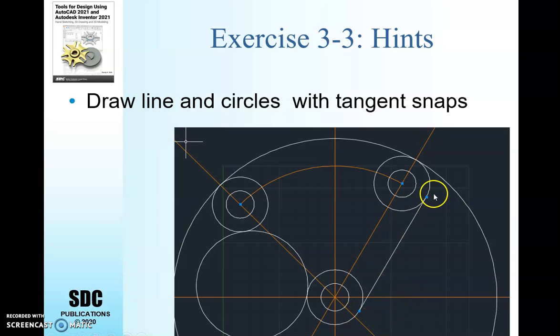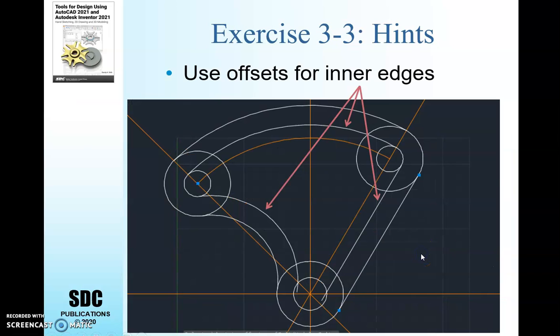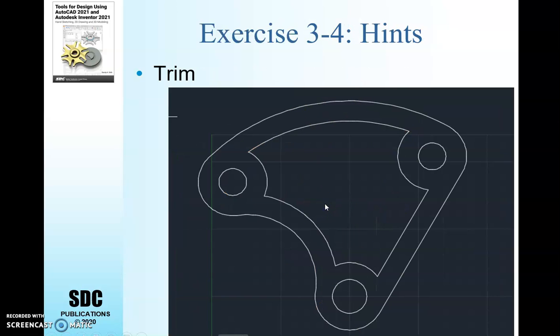And then I used tangent line to the circles here. And then I went back and trimmed it all. I did do an offset. I did some offsets to here, and from here to here to get those inner edges, and from here to here. So I did use the offset for 3 edges. And then did my trimming, and there you have it.